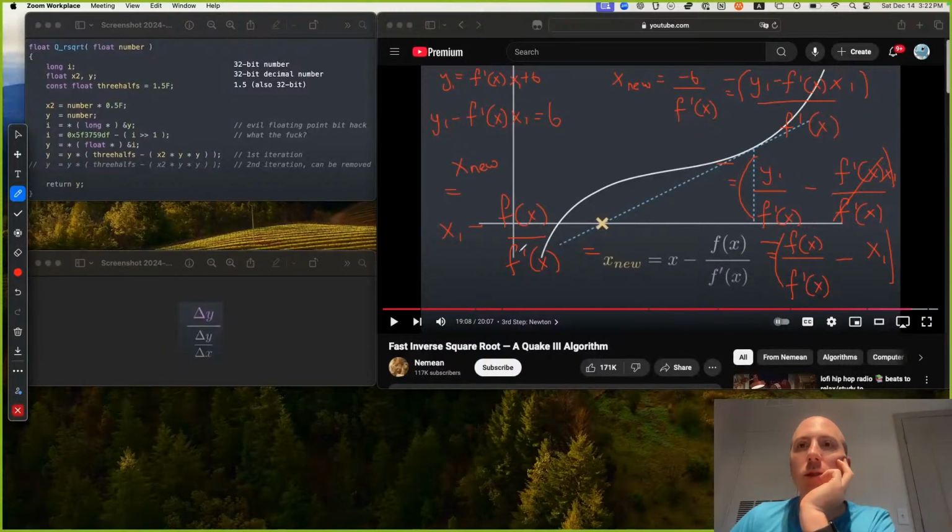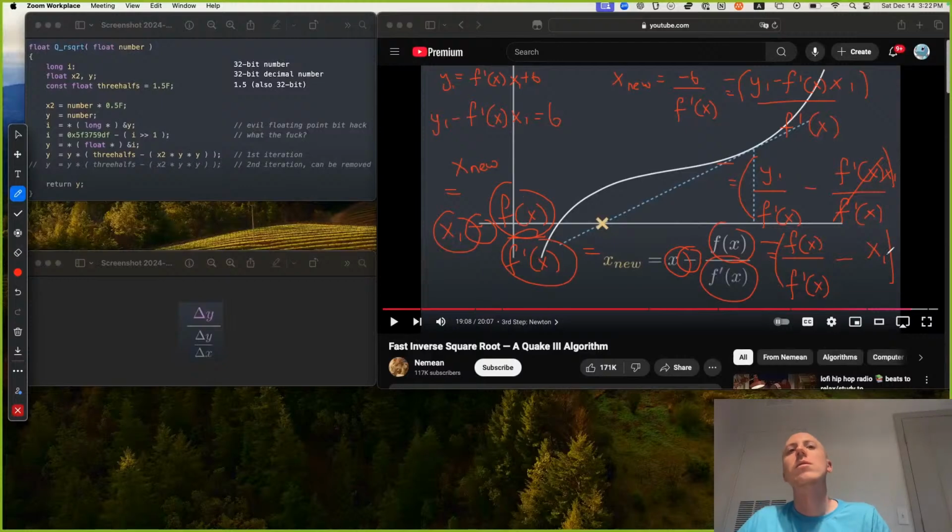So we got x1, we got the minus, and we got f of x over f prime of x. Yeah, I guess that does check out.